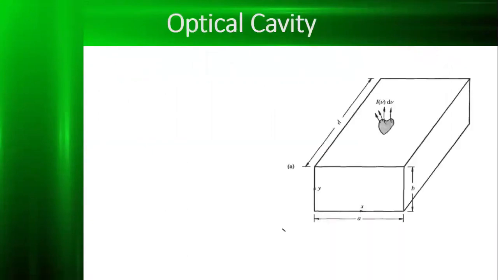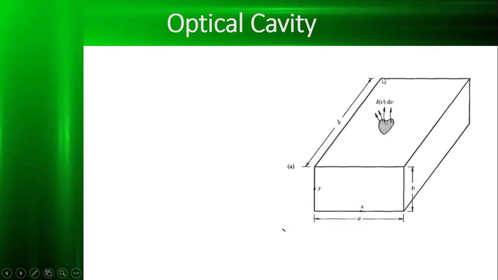Optical cavity. I believe you already dealt with what's called a rectangular waveguide in the microwave course in your previous semester. You can easily represent this rectangular waveguide by this box, which has two dimensions, and the wave is propagating inside it.